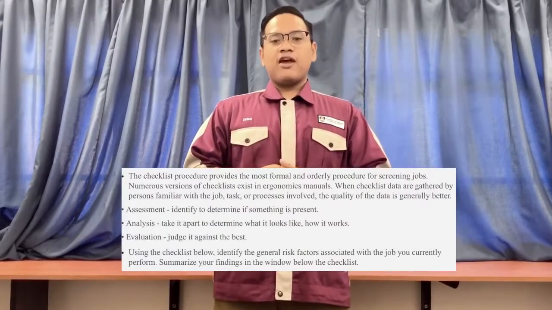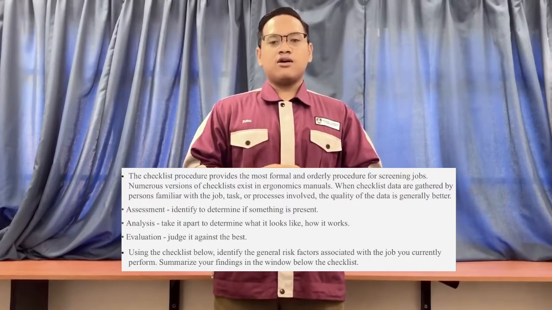relationships. Next, an important thing in identifying risk factors is using the checklist. The checklist procedure provides the most formal and orderly process of screening a job. For example, the assessment determines if something is present.